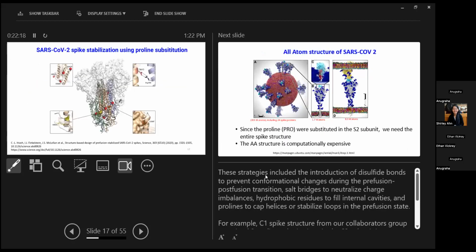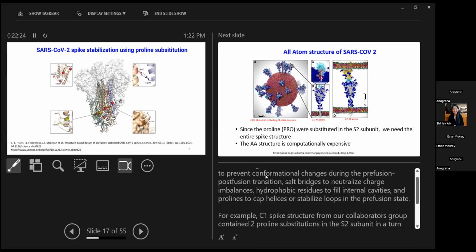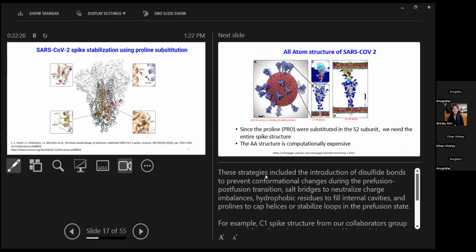So how can we stabilize the protein in the prefusion form? There are different strategies. We can introduce salt bridges, we can introduce cysteine bridges that keep the structure stable. Recently we used 2 proline substitutions in the S2 subunit, as indicated here.